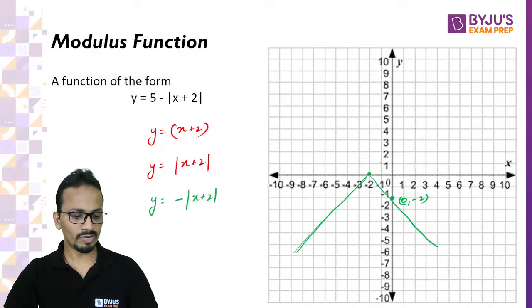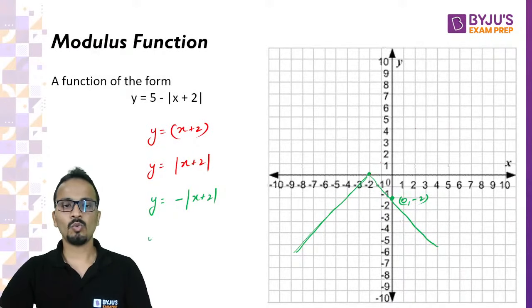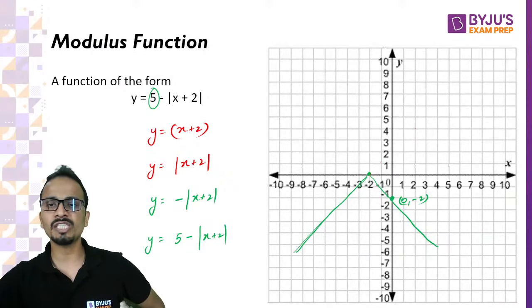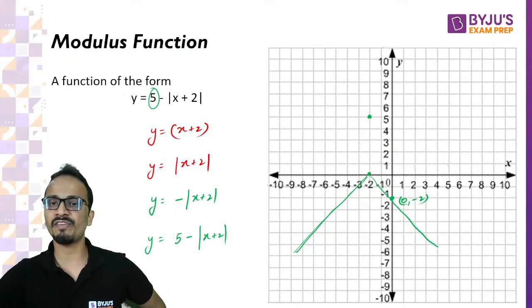Now finally, what do I have to do? I have to add 5, so y equal to 5 minus modulus of x plus 2. That means 5 is added. So this graph will now be shifted upwards by 5 units.